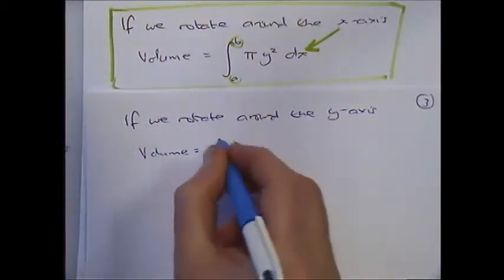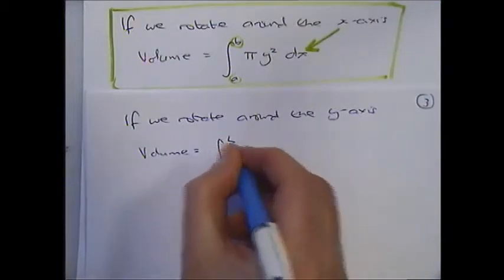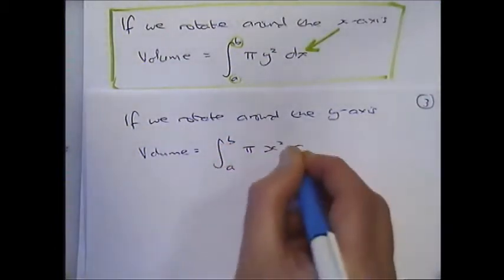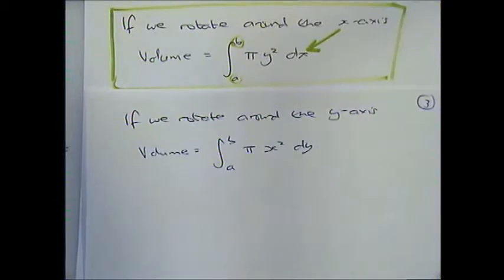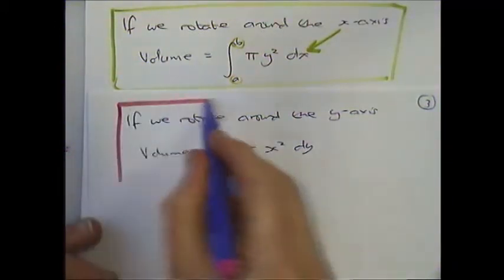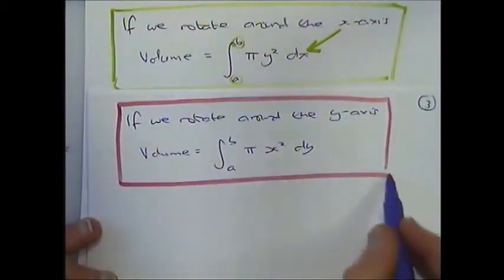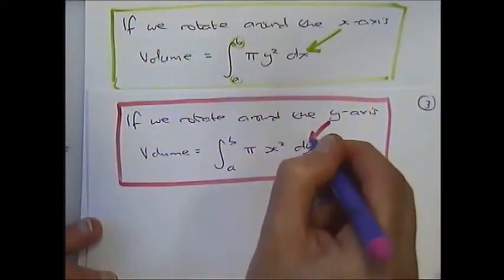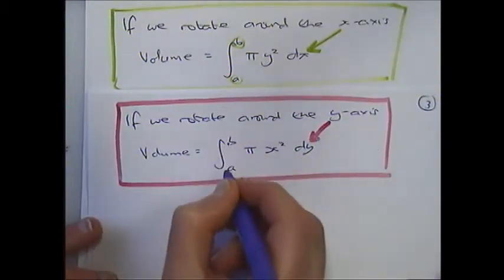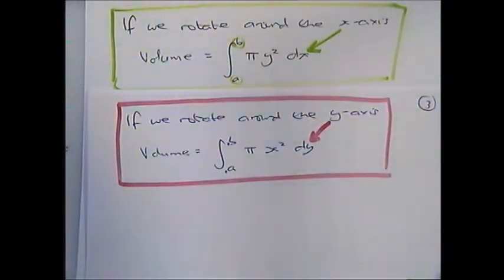The integral between a and b of pi x squared dy. Yeah, that's right. Okay, just swap your x's and y's over. And that will be what we do for rotating it around the y-axis. Again, it's a dy there, and these numbers here, the a and the b, they will be numbers on the y-axis.